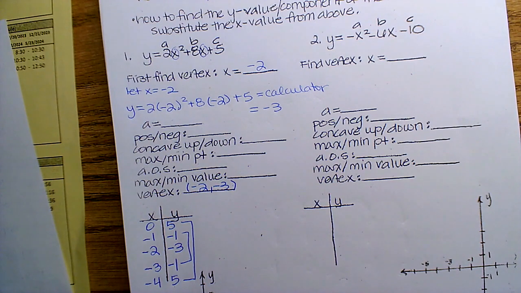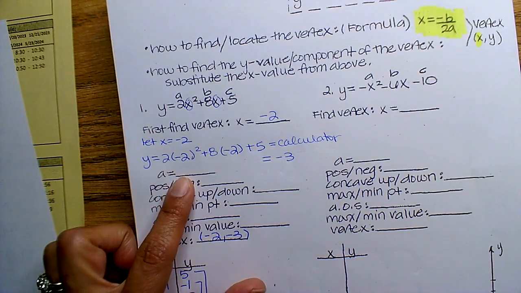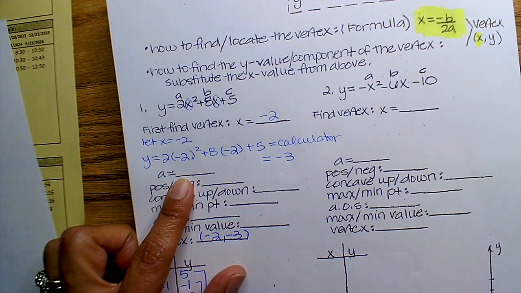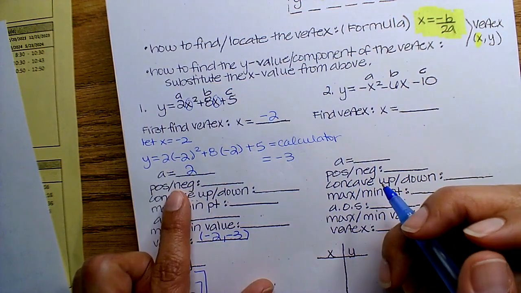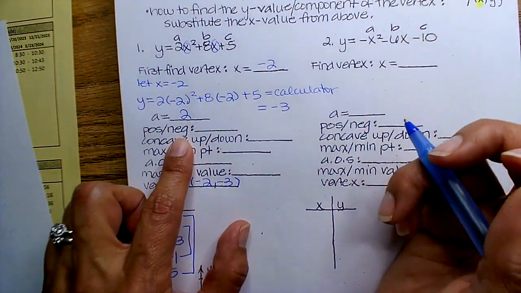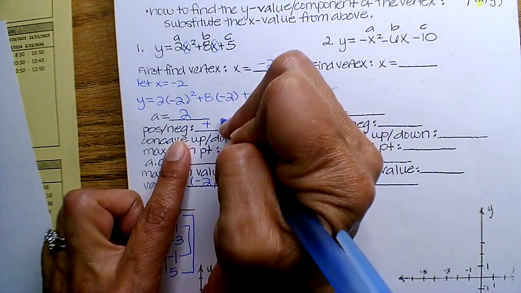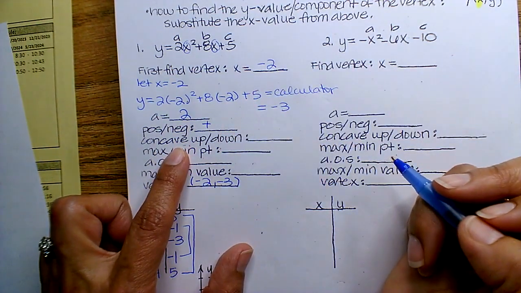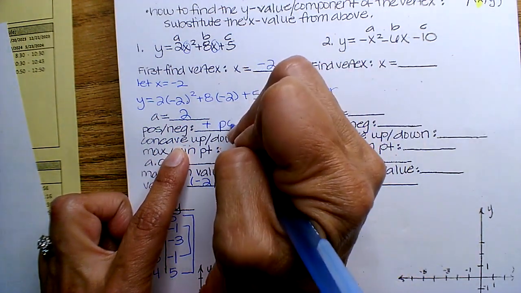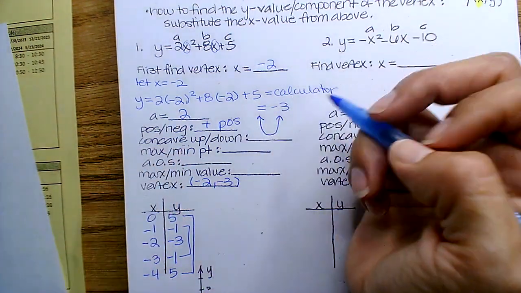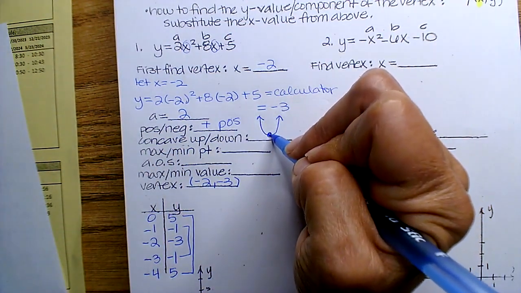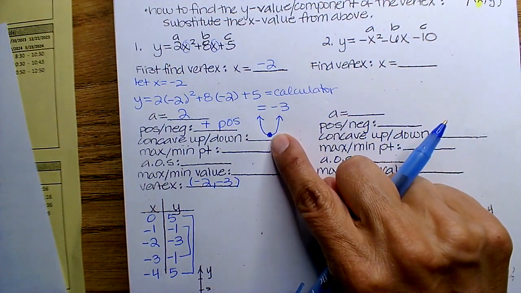Or you guys want to do it right now? You guys okay? Okay, what's my a value? 2. Just 2, no variable. Is that 2 positive or negative? Positive. And is that concave up or down? Up. So that means my parabola is going to look like this, which means my vertex is this point here, right?